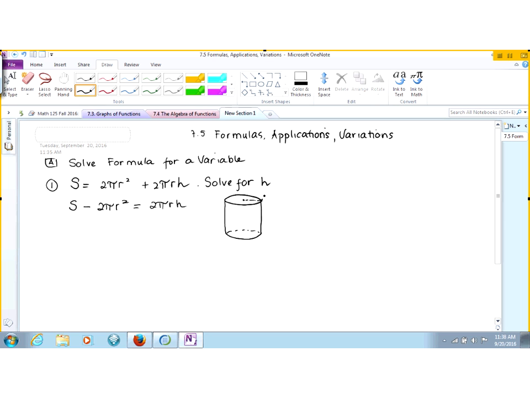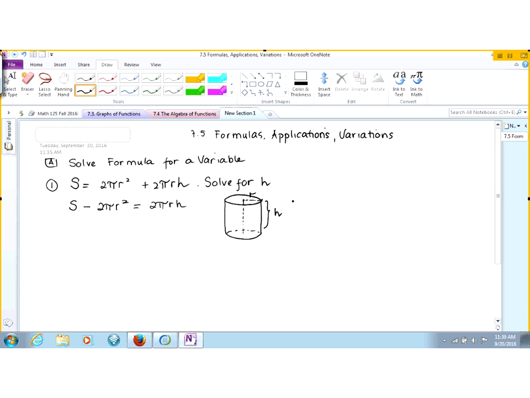So if you have a cylinder and the radius is r, and this is the height, this is the formula for the surface area. So the surface area consists of what? It consists of two circles. So that's why you have pi r squared times 2. You have two of them, one on top, one on the bottom.